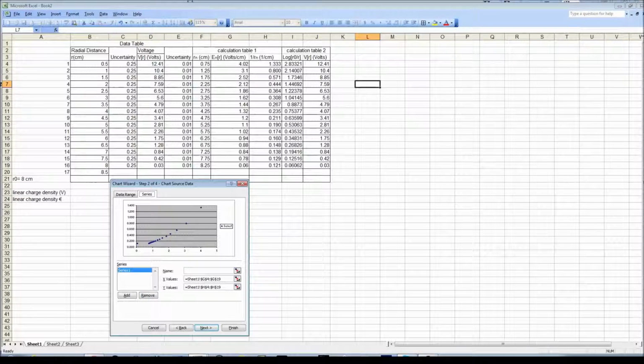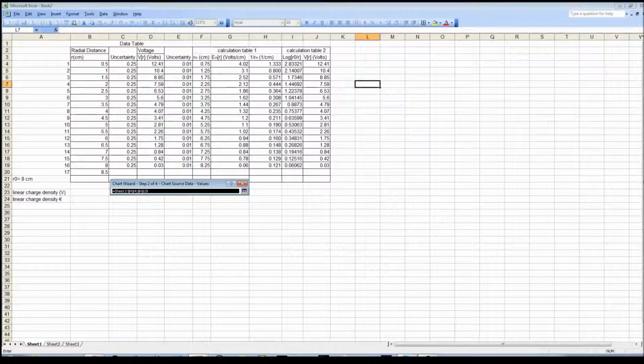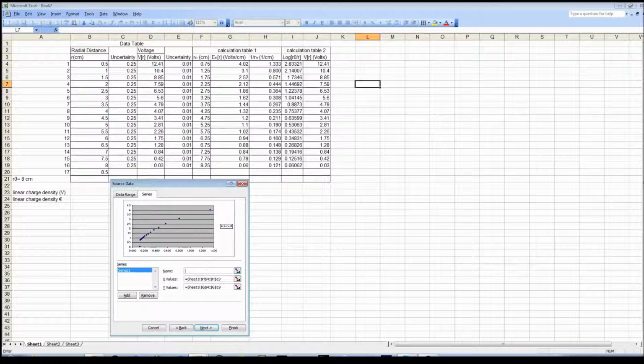We want to switch our X and Y values. Our Y value shall be our electric field. Our X value shall be our 1 over Rn for E in R versus 1 over Rn.